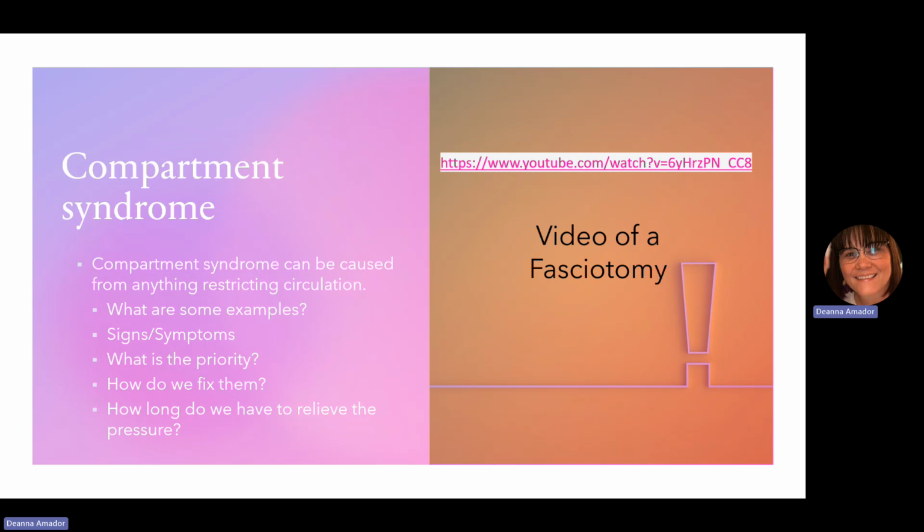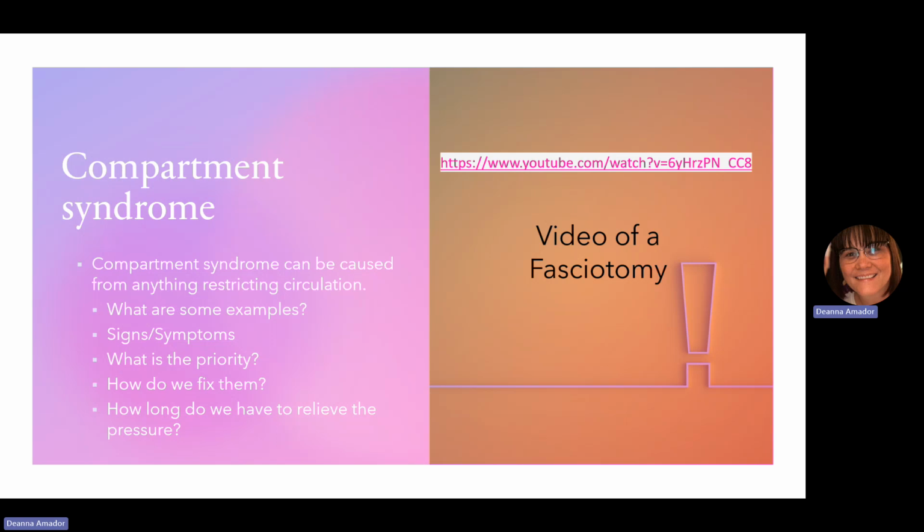So circumferential burns, burns that go all the way around, can cause compartment syndrome. Bleeding into a cavity. Sometimes when people go to surgery for abdominal surgeries, they'll have to keep them open when they return and not close them all the way because there's so much swelling and bleeding that occurred within that cavity.